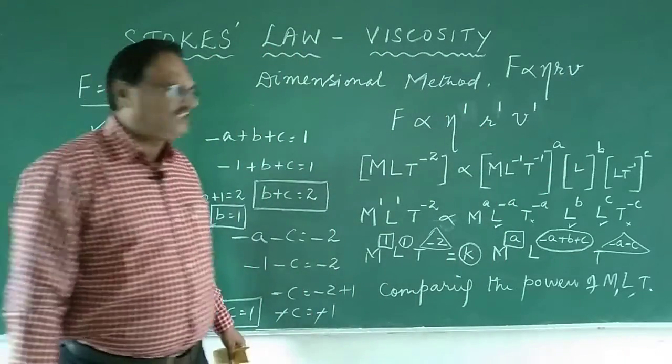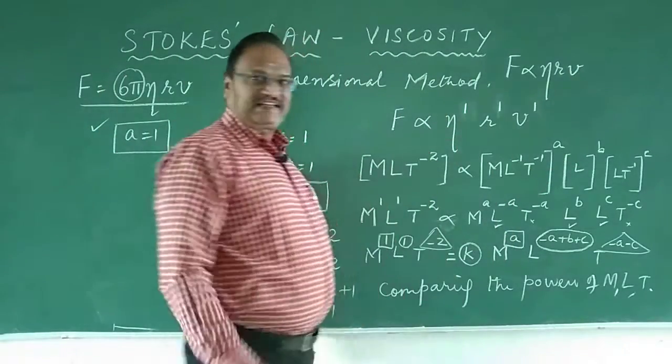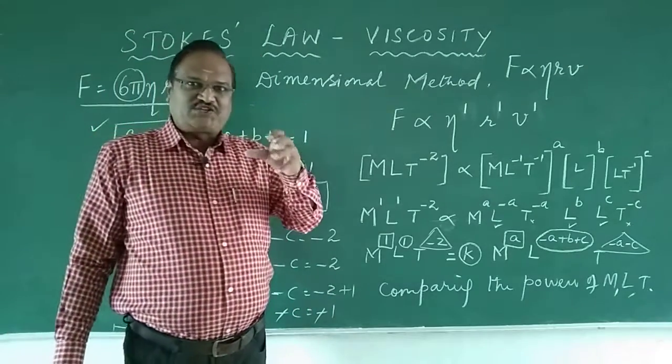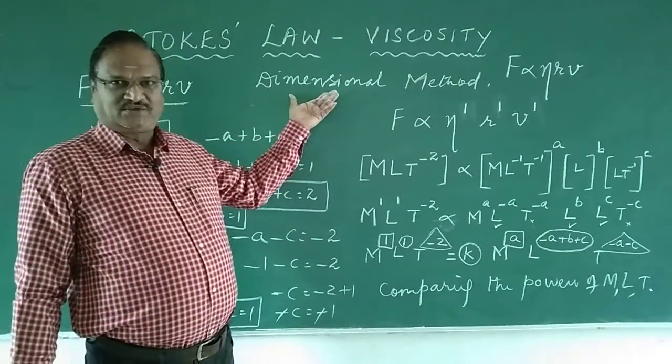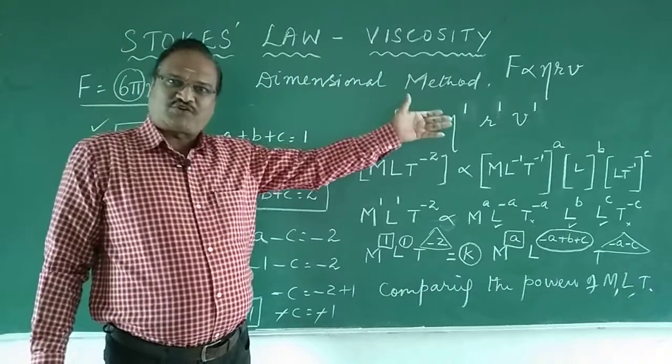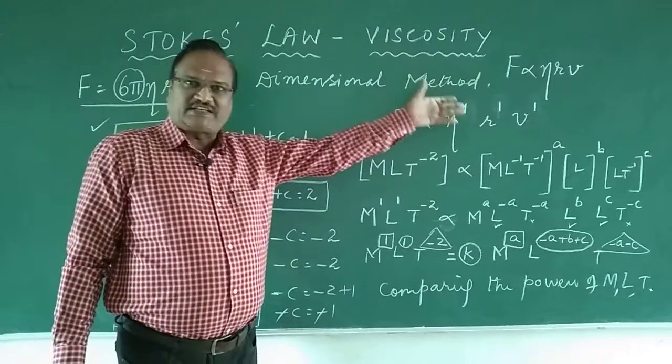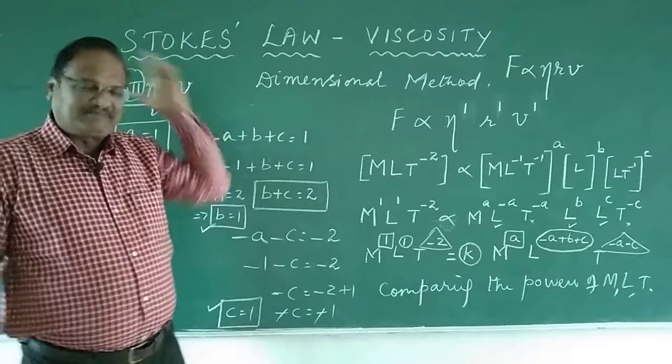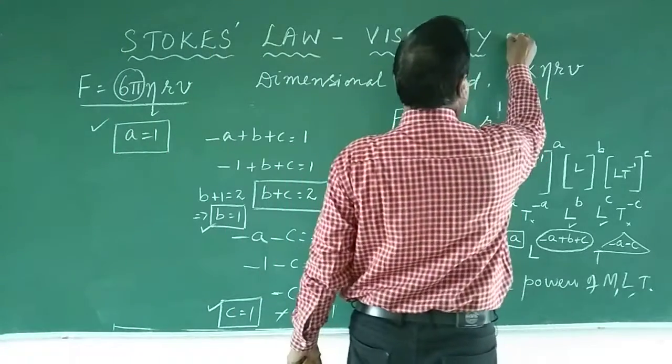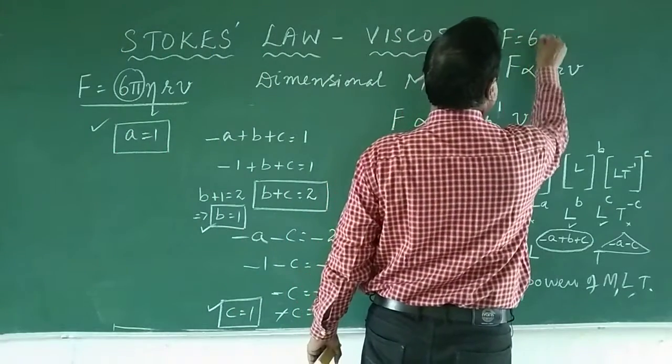We know that there is a disadvantage of the dimensional method: you cannot find the constant. The constant can be calculated only by experimental method, and the constant k is given to be 6 pi.